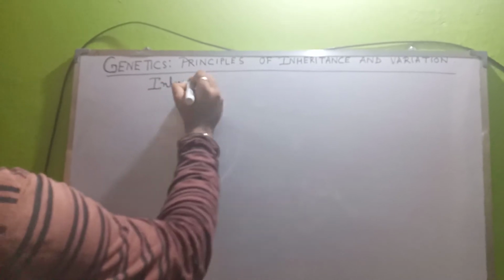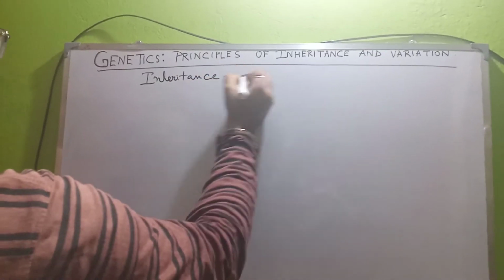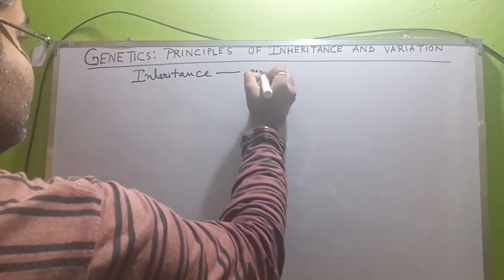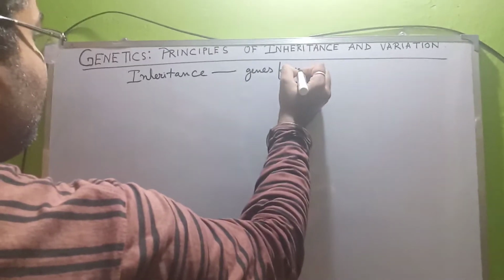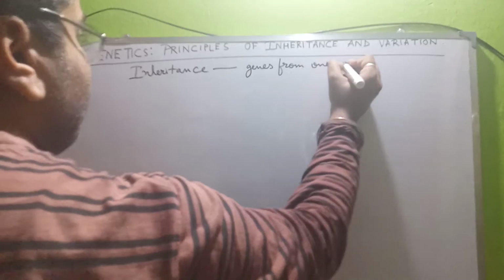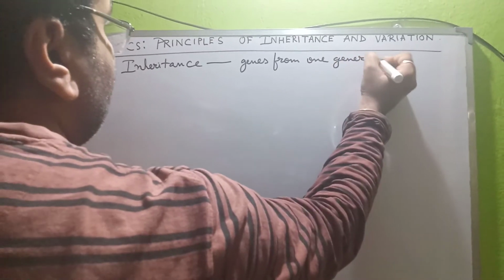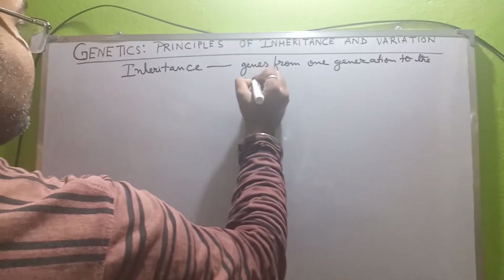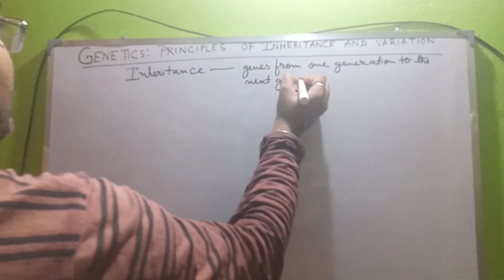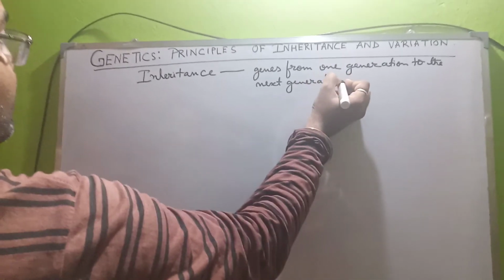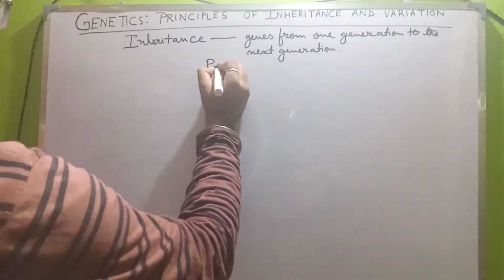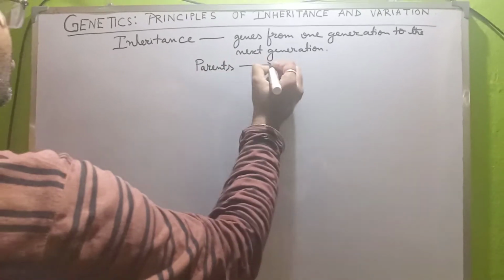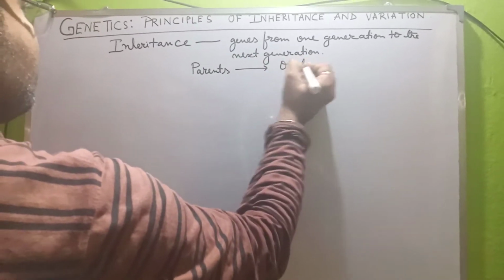Now to be very simple, inheritance is genes from one generation to the next generation that are being inherited, means from parents to their offsprings.